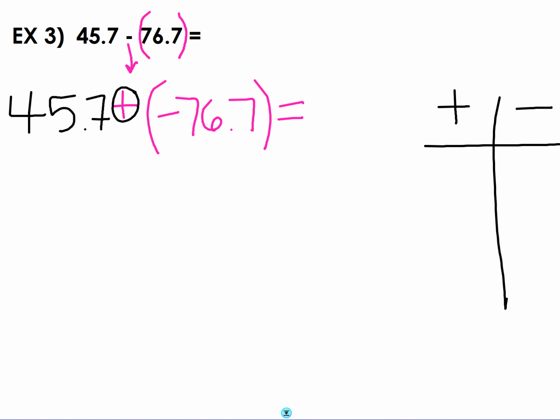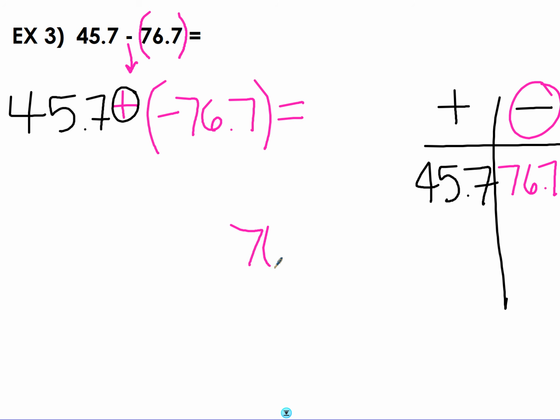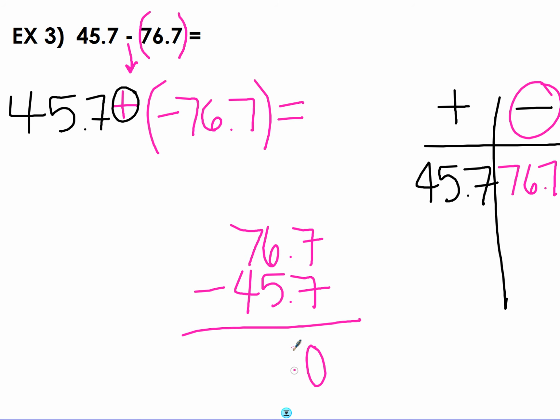My scoreboard has 45.7 points on the positive team, and then I have 76.7 points on the negative team. The negative team is winning by how many points? Well, I would do 76.7 minus 45.7. And so 7 minus 7 is 0, 6 minus 5 is 1, and 7 minus 4 is 3. So the negative team is winning by 31 points.